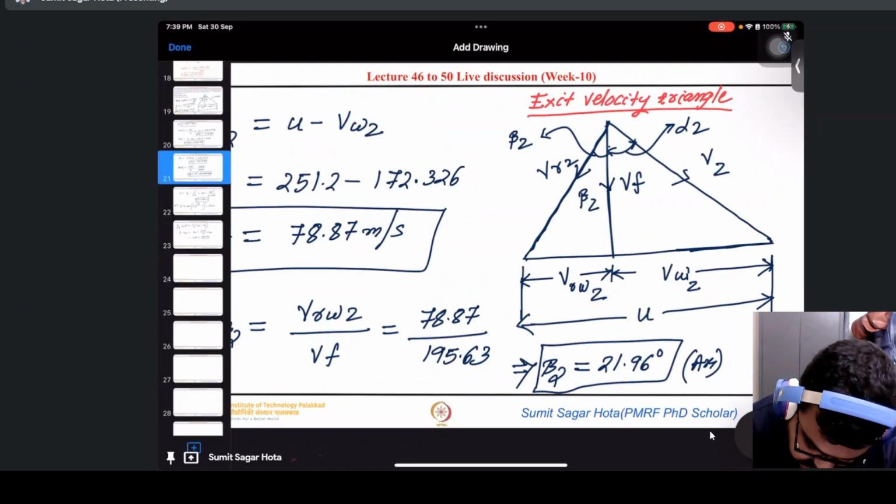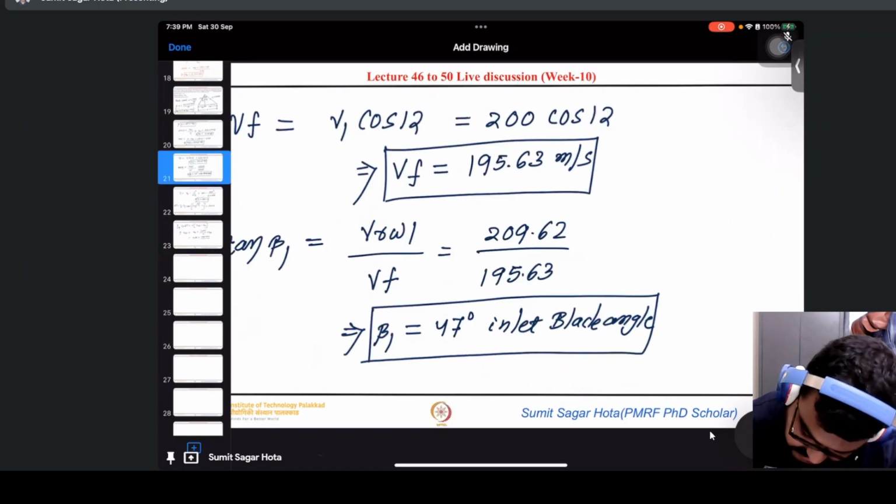These are also called airflow angles. This is your inlet blade angle.